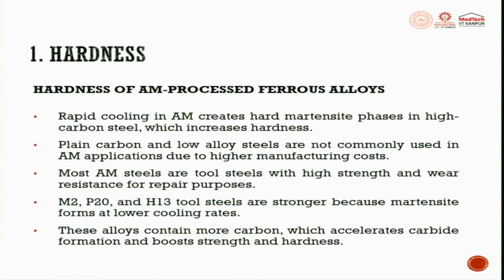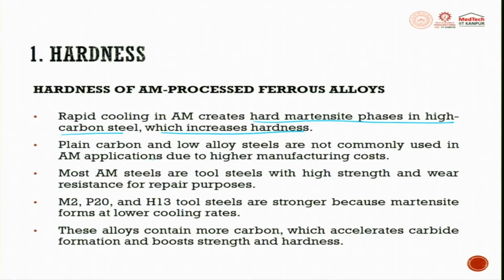When we talk about hardness of additive manufactured ferrous alloys, rapid cooling in additive manufacturing creates hard martensitic phase in high carbon steel, which increases the strength. When you do rapid cooling, the carbon, rather than getting dispersed in iron, tries to stay and forms hard martensite.